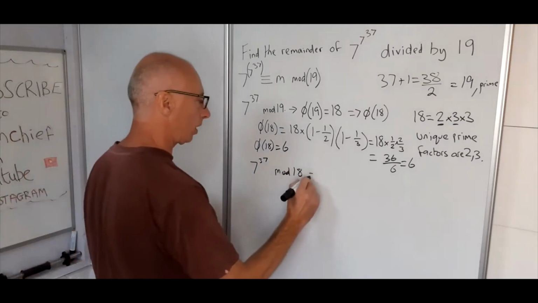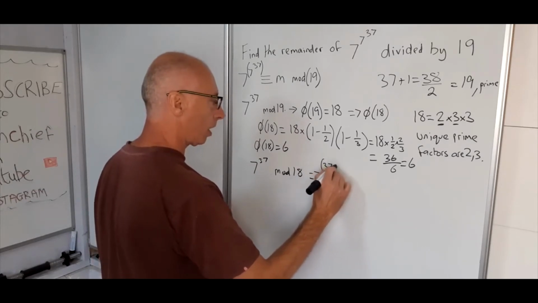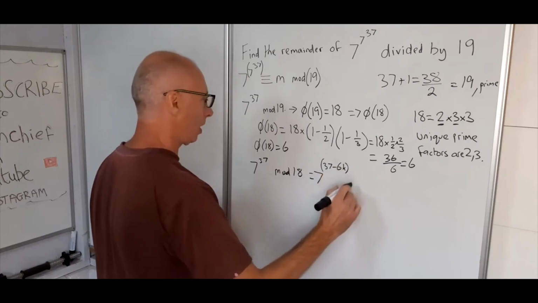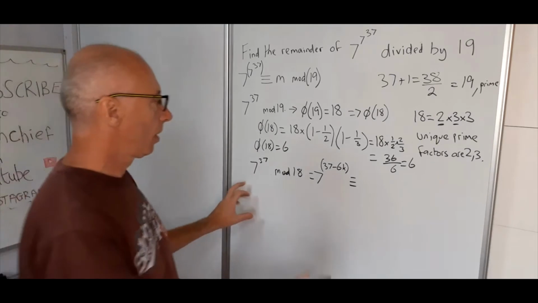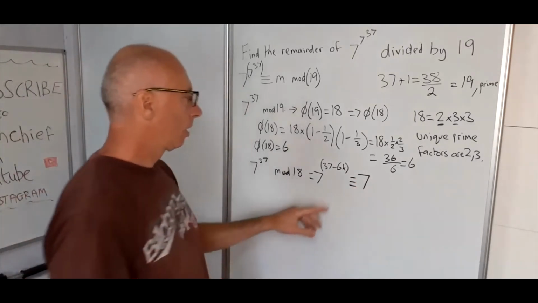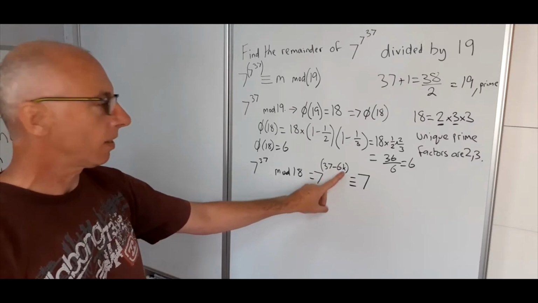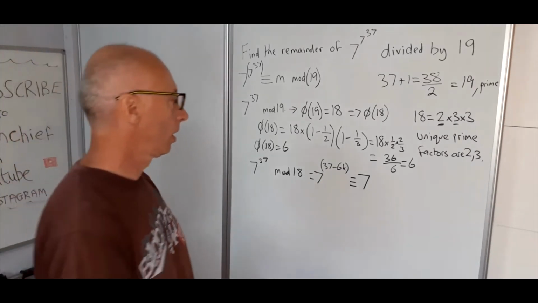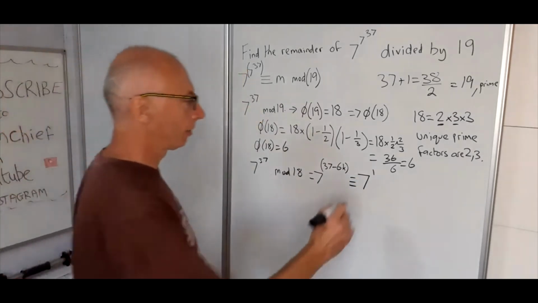So 7 to the 37 minus 6 times some integer k is congruent with 7 to the power of something with this property. If we let k equal 6, 37 minus 36 gives us 1. So that is congruent with 7 to the power of 1, which is just 7.